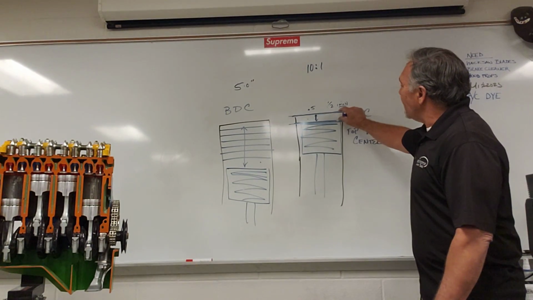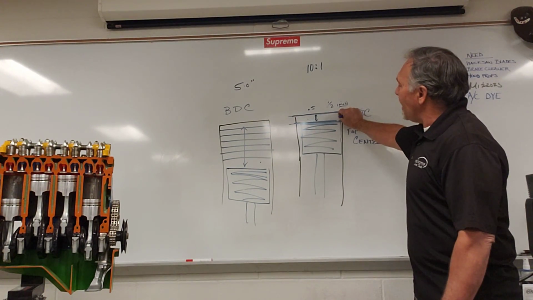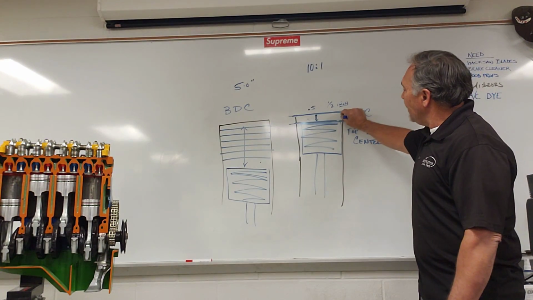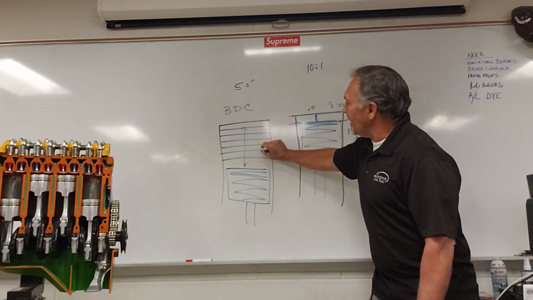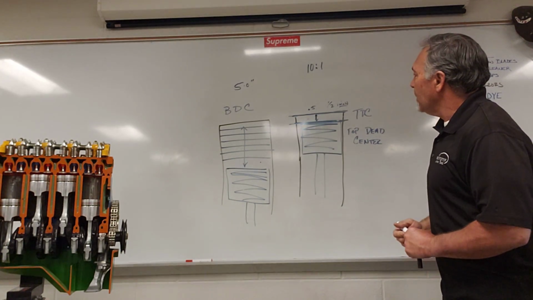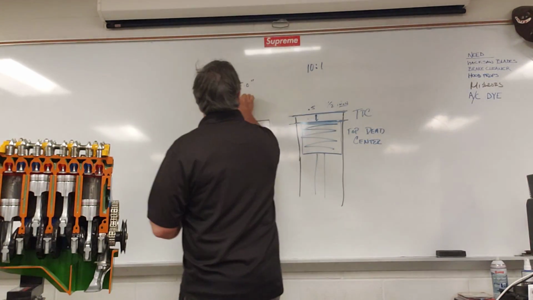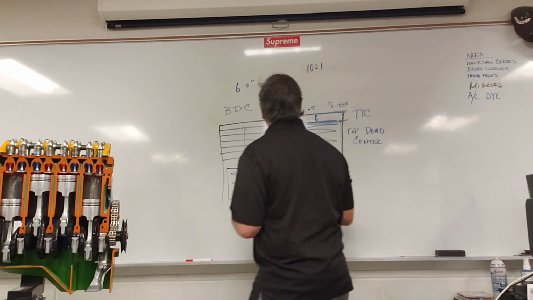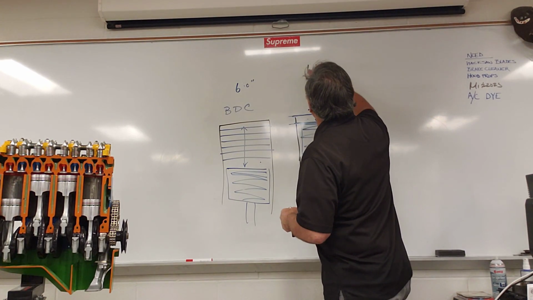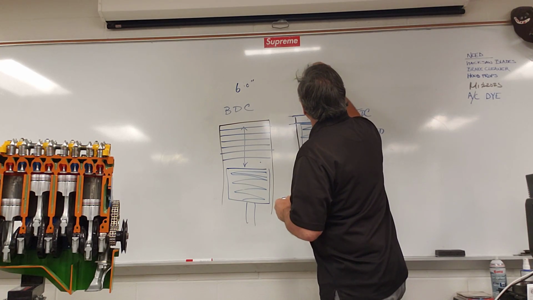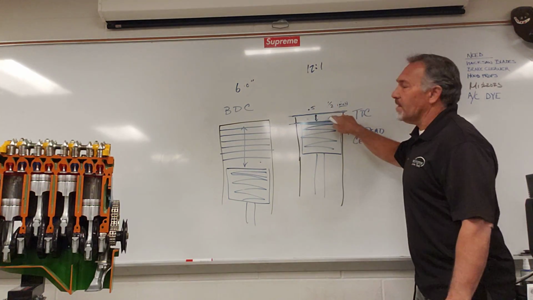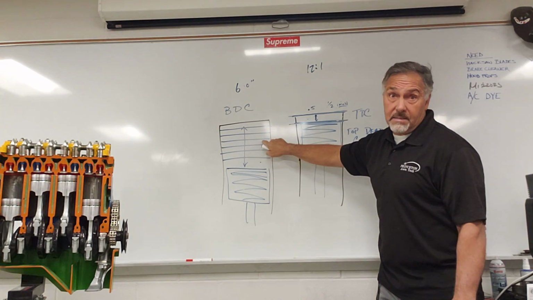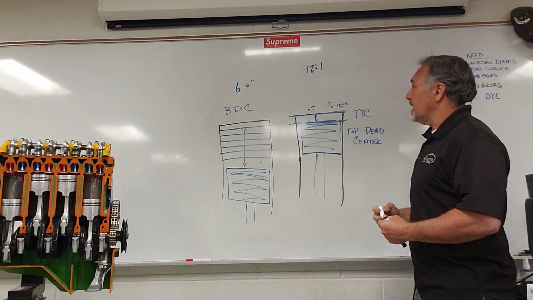Now again, if we have a smaller space here, in other words, we can get more of these areas jammed into here, then our ratio goes up. So if for some reason this was 6, that would mean that our compression ratio now is 12 to 1, because I can get 12 of these spaces stuck in this space here when the piston is at bottom dead center.